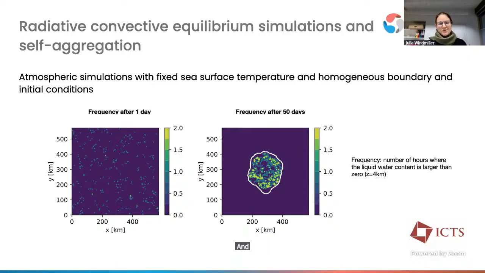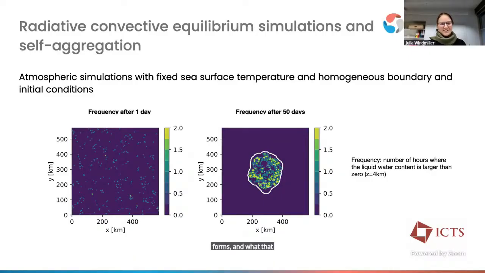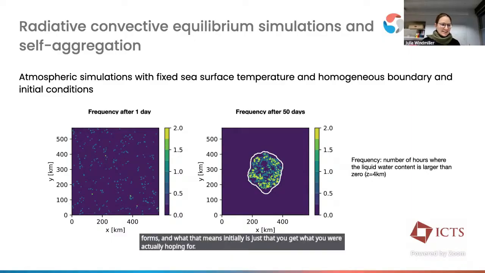And you force it, so convection has to occur, because otherwise the atmosphere is unstable to convection. Initially you get what you were actually hoping for: a domain where the clouds form randomly distributed.